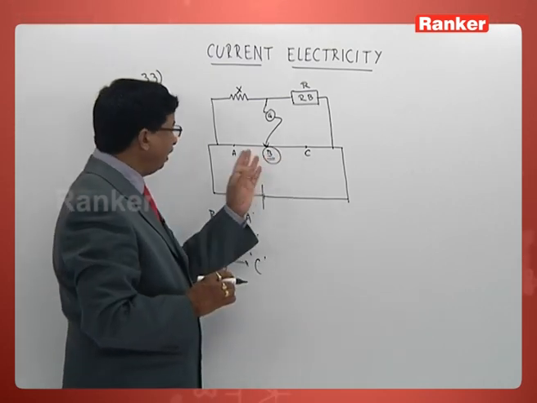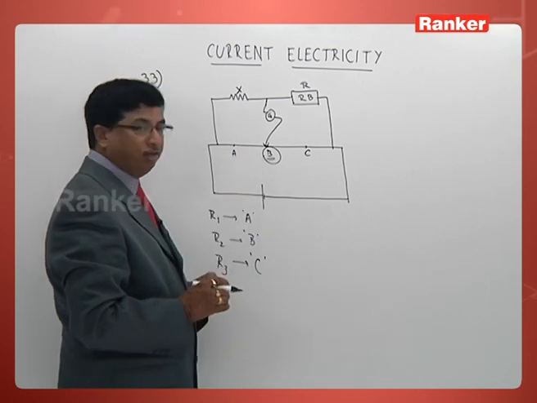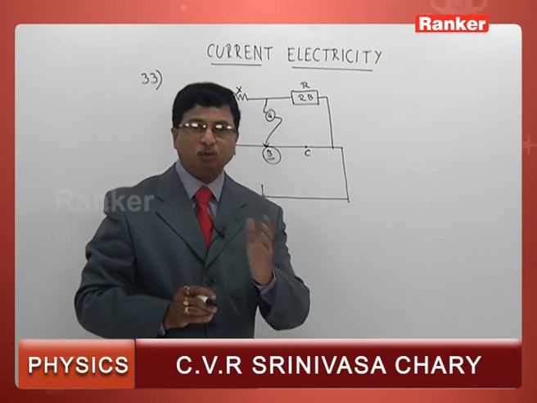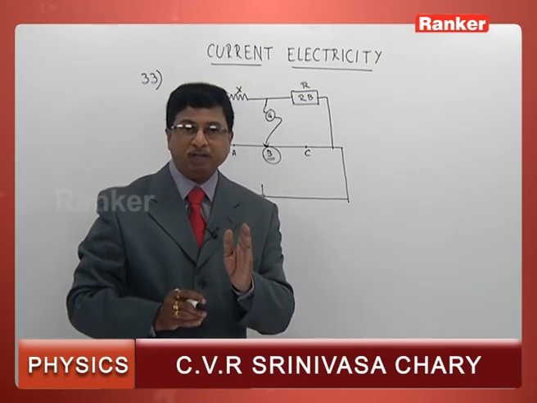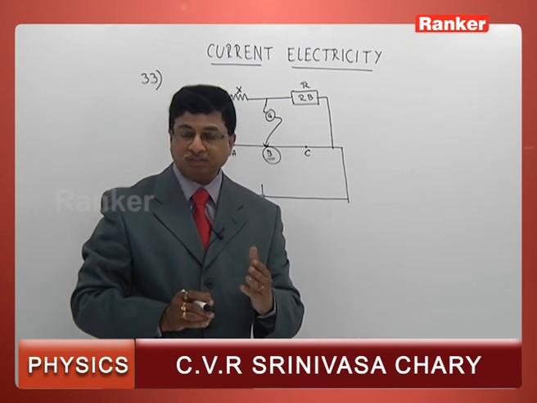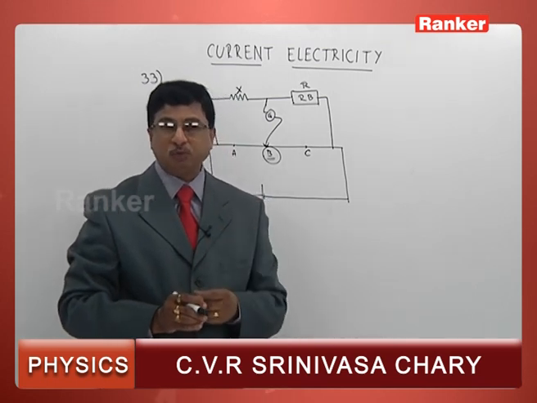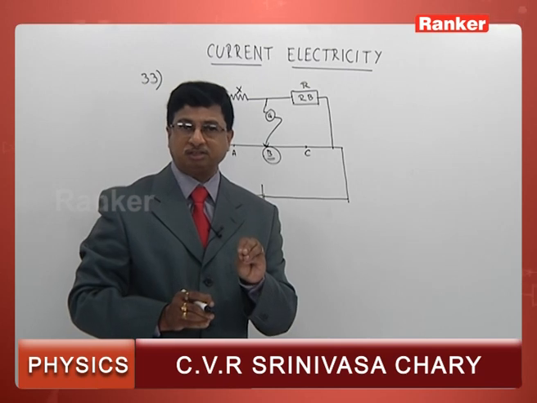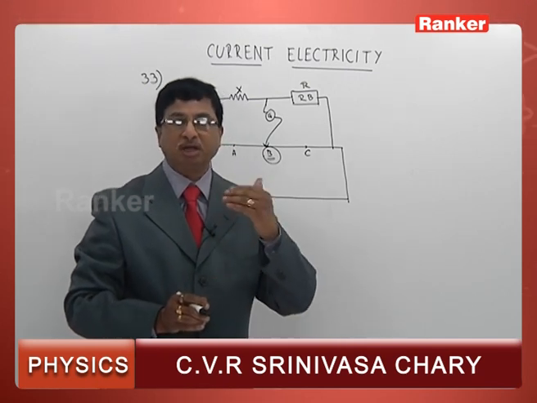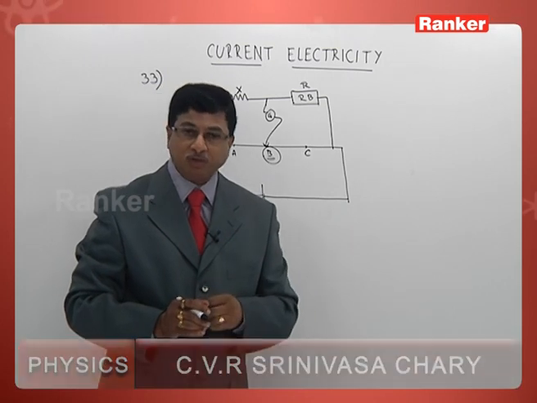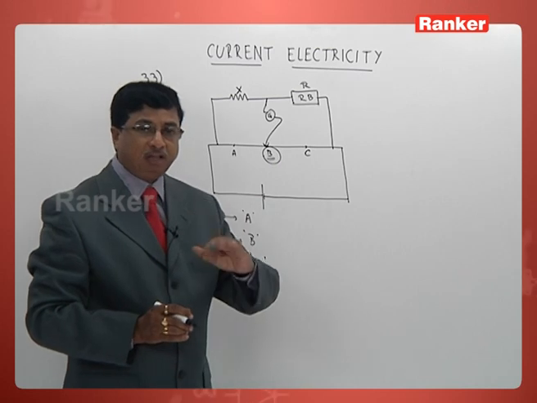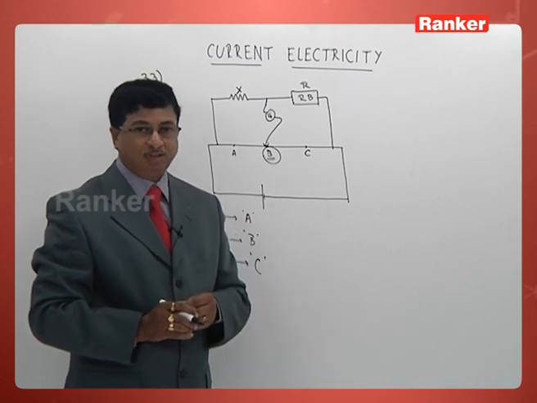So you should understand, when the balance point in a meter bridge experiment is very close to the midpoint of the wire of length 1 meter, that means if it is very close to the 50th centimeter, then the accuracy is going to be the maximum.